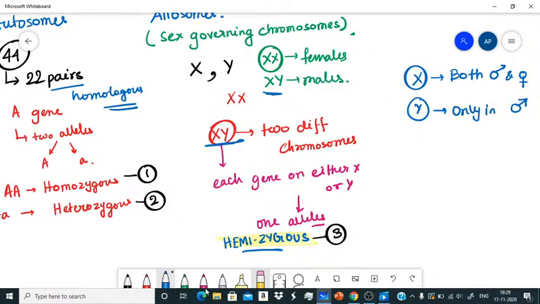Can we draw this simple conclusion from our understanding of allosomes? What is the conclusion? X chromosomes are present in both male as well as female, whereas the Y chromosome is only present in male.